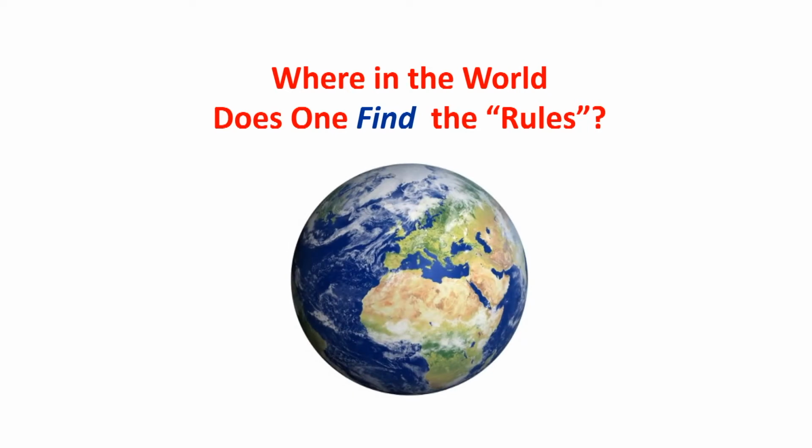Also important is understanding where you find or can access the law that regulates your dental license, your hygiene license, or your lab certification. In other words, where in the world does one find the rules?